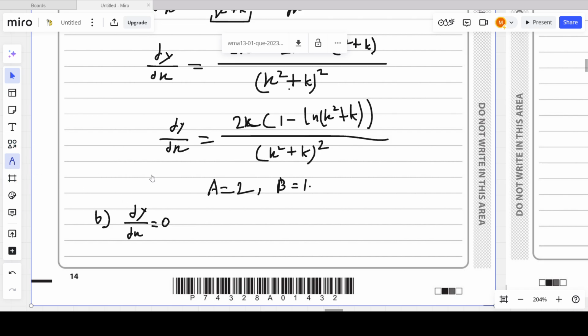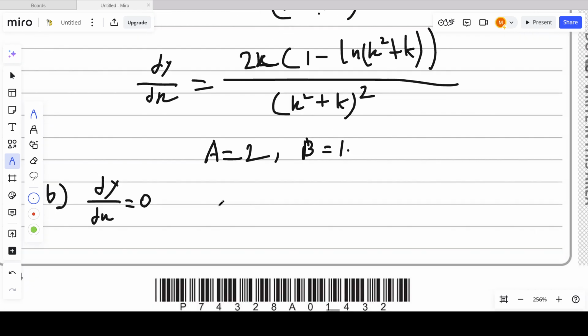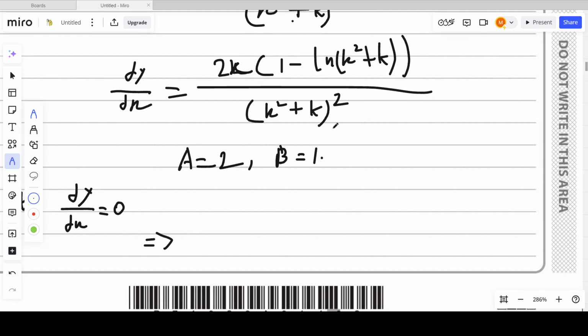The x squared plus k will cancel out, being multiplied with the 0 on the other side. So we will get twice of x times 1 minus ln(x squared plus k) equals to 0.